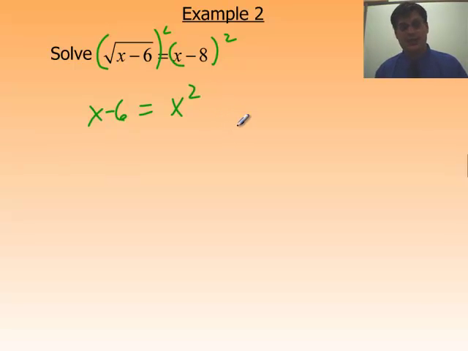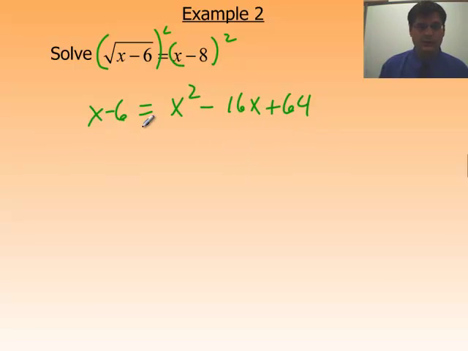(x minus 8) times (x minus 8), or we could just use a special product, a squared minus 2ab, or 16x, plus b squared, which is 64. Now I'm going to add 6 to both sides and subtract x. Basically, I'm going to set this equal to 0.